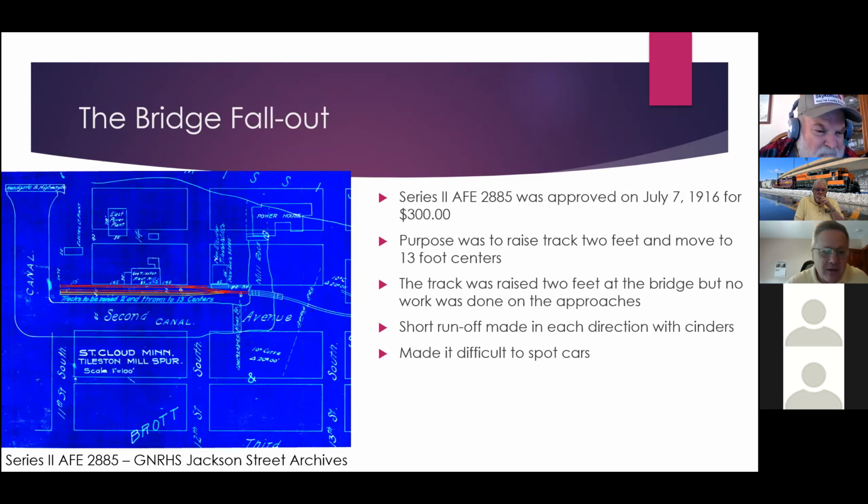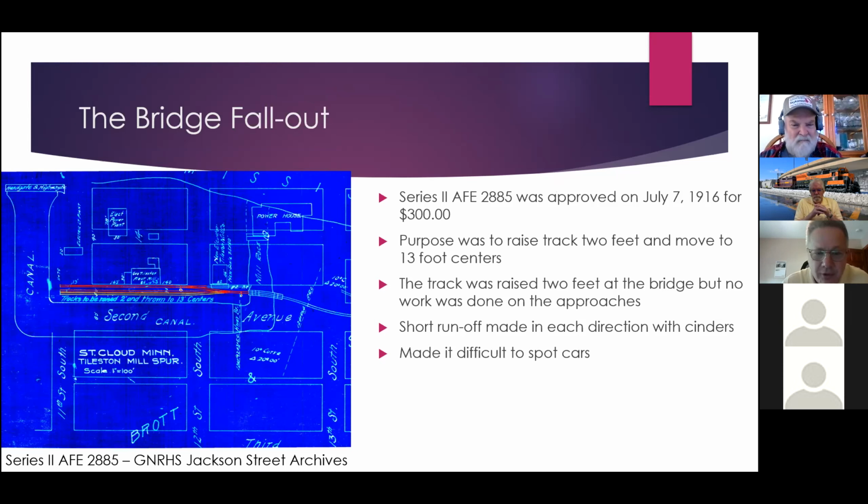Of course, that causes the next set of problems, which is raising the bridge. So in 1916, they had to create another AFE to raise the track to match the new bridge height. And at the same time, they were asked to move the tracks, separating them some for 13-foot centers for the wider cars. And the problem was they raised the bridge.